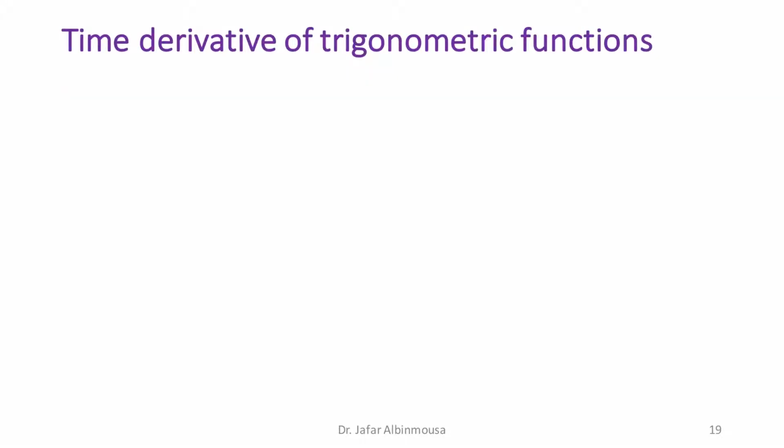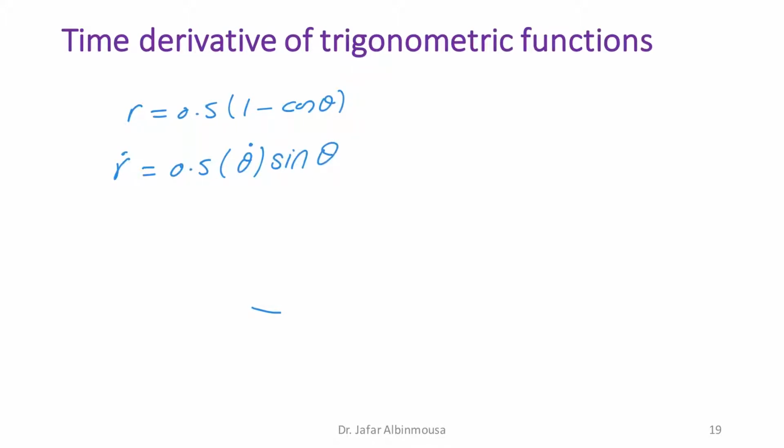Sometimes we have the path described by a trigonometric function, sine or cosine, and here we're just going to have a quick example to show you how to deal with the situation. If the position vector r is defined as 0.5 by 1 minus cosine theta, then the derivative r dot is going to be 0.5 multiplied by theta dot multiplied by sine theta.